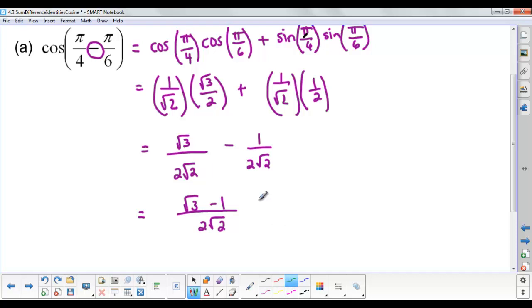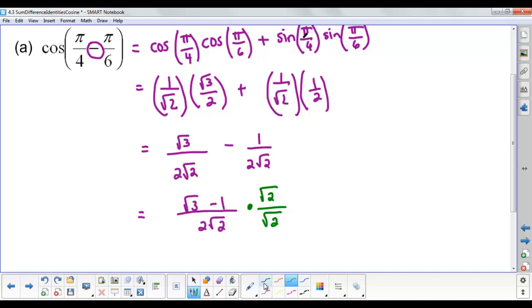So what we do is we multiply by 1, but we do it in a special way. So for example, we want to get rid of this root 2, so I'm going to multiply by 1, but I'll do it so that the 1 is equal to root 2 over root 2.